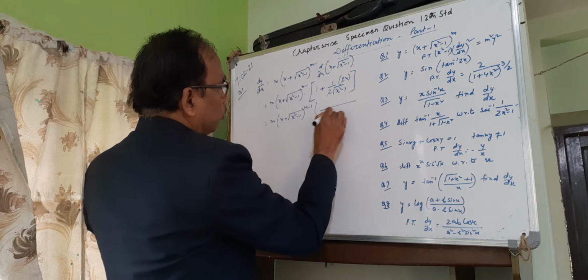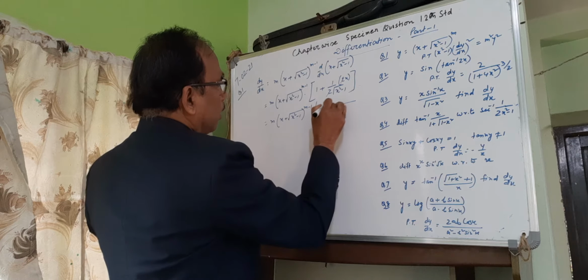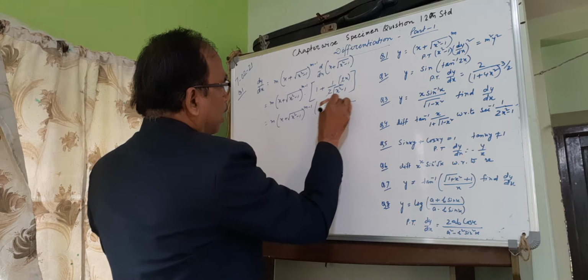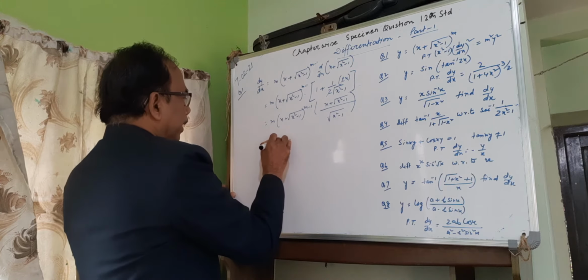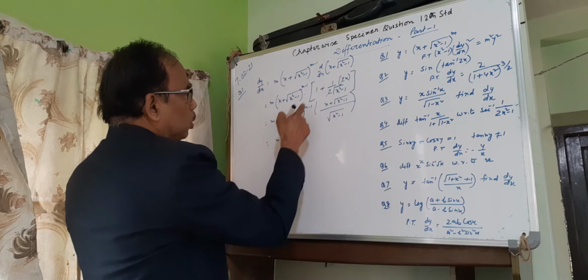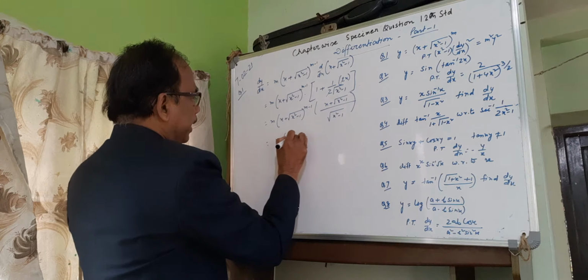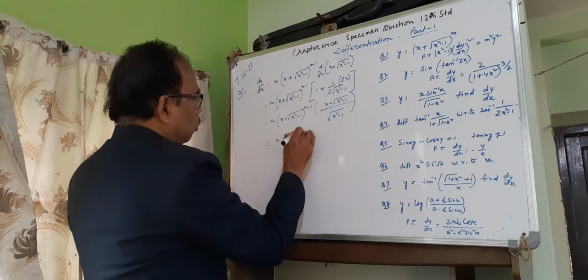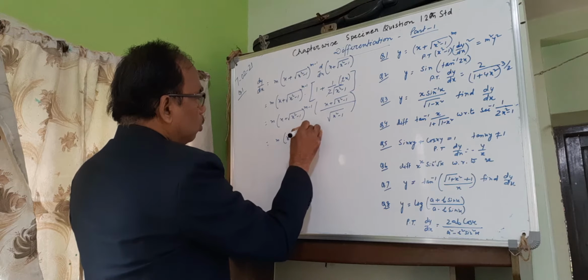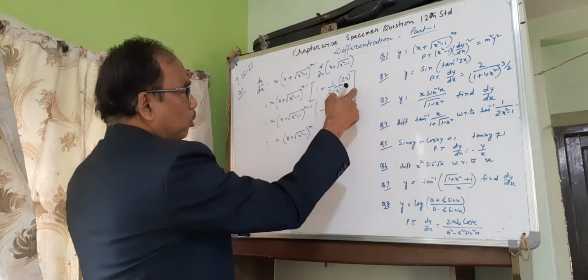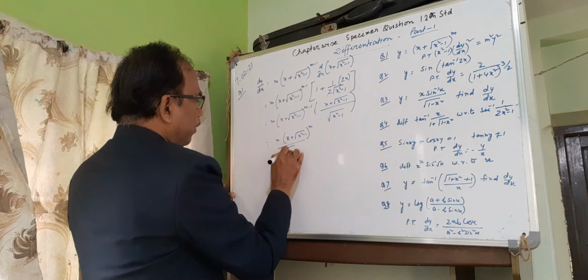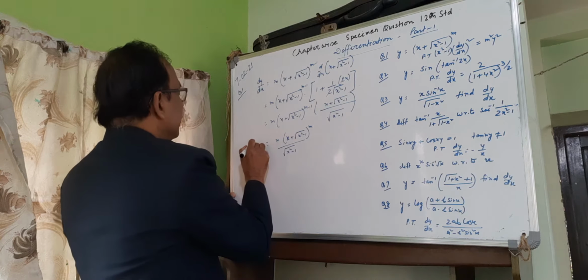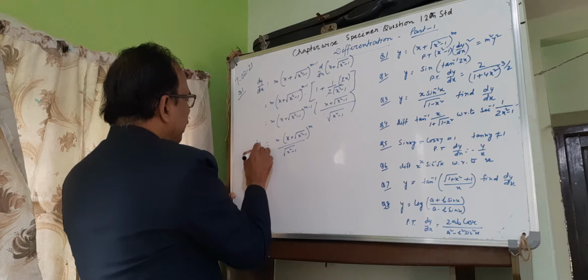Now adding these, we will have root over of x square minus 1 in the denominator. This will be x plus root over of x square minus 1, that is m into this to the power m minus 1 plus 1, divided by square root of x square minus 1. Here is dy by dx.